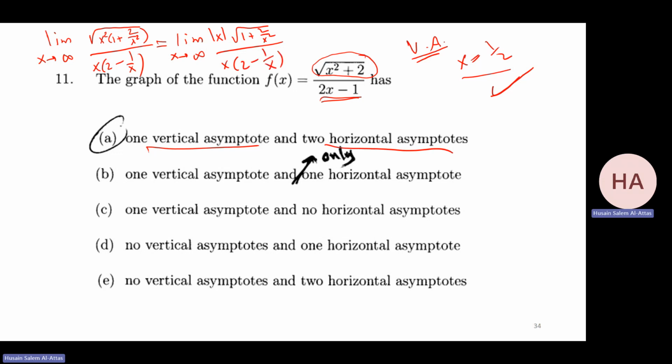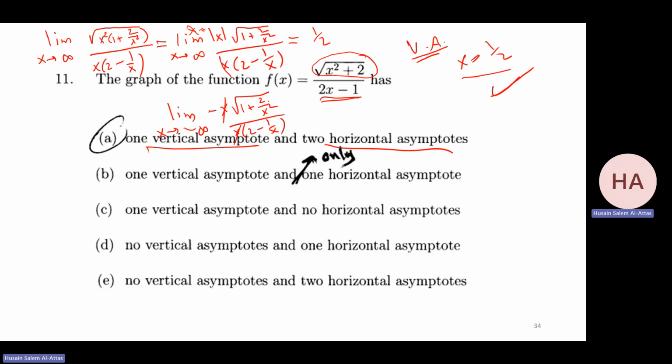And that is what will make a difference now. As x goes to infinity, this will be x. Absolute value of x is x, they cancel. Substitute, you get half. Now, if you want to check the limit as x goes to minus infinity, the absolute value of x will be minus x, over x times 2 minus 1 over x, cancelled.